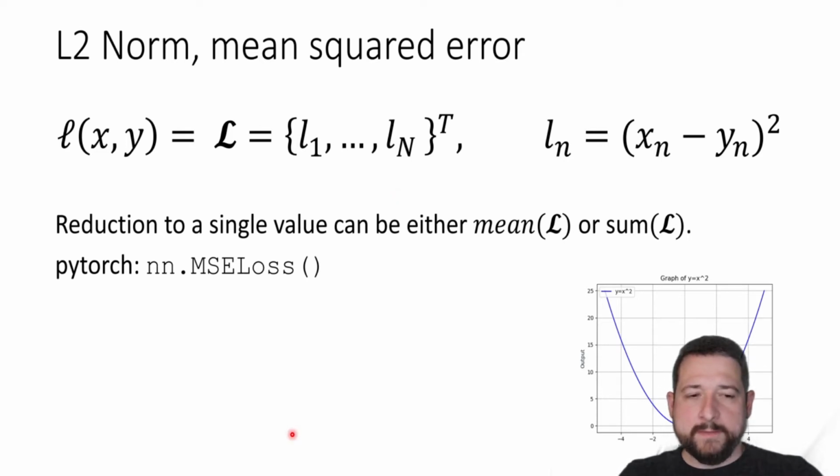Okay, and that quadratic function has some nice properties. It will maybe overemphasize some high errors, but it's differentiable, so you can plug it directly into your backpropagation and put the error value backwards through your whole network.